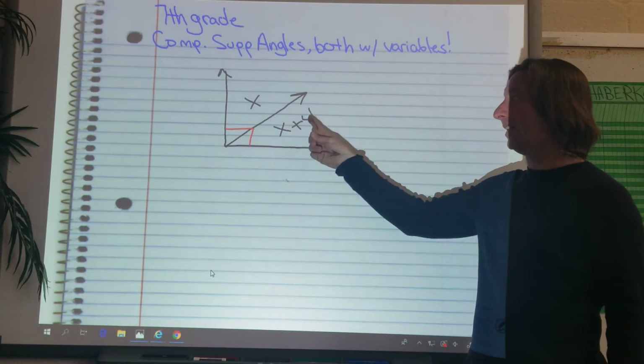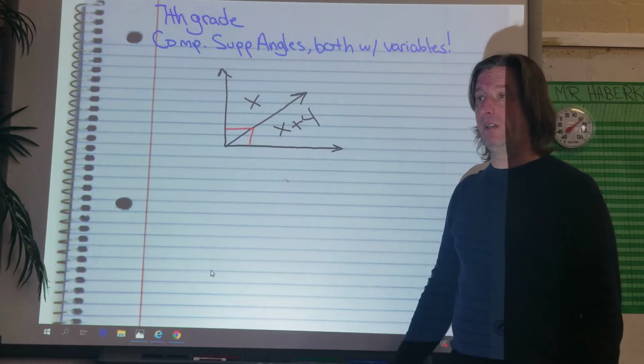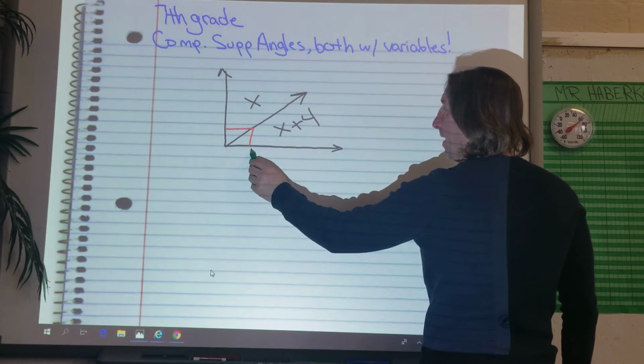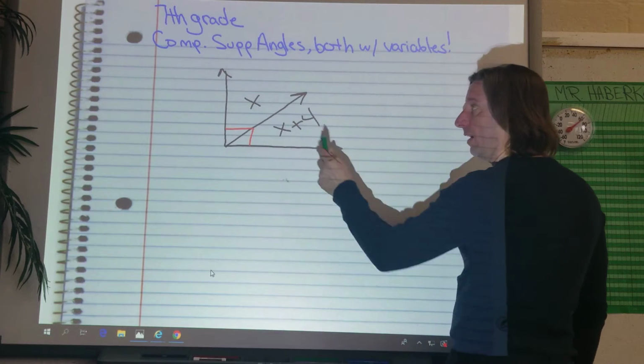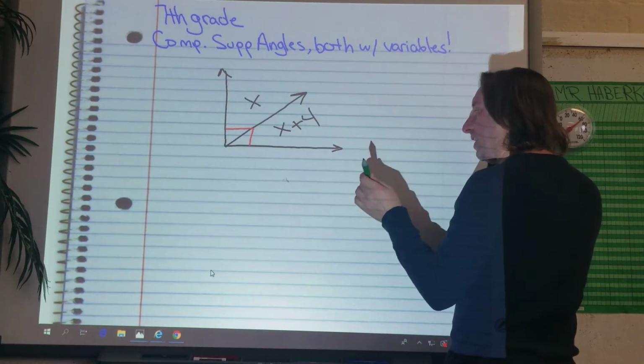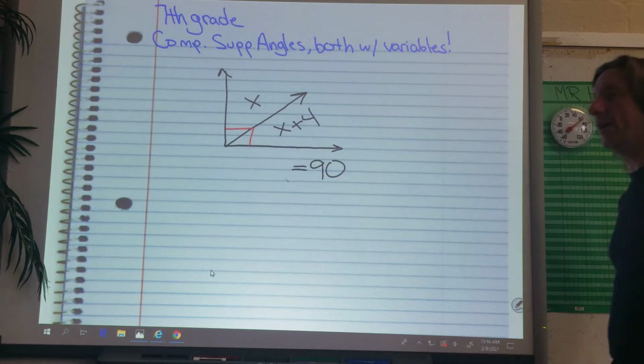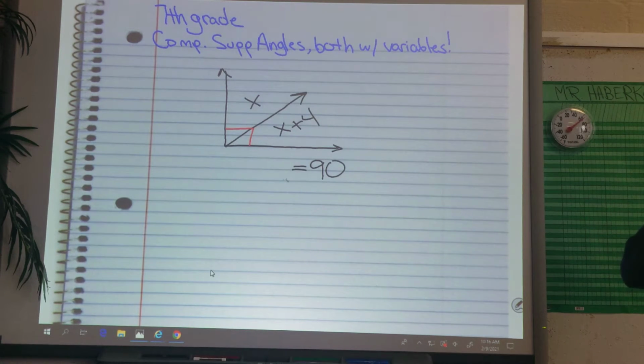So that's just saying this angle is 4 bigger than this one. But we know something by looking at this little square here. We know this is a right angle, and that these are complementary angles, so they have to add to 90. So writing the equations for these is pretty easy. You guys already know how to do two-step equations. So we're just going to write two-step equations, all right?